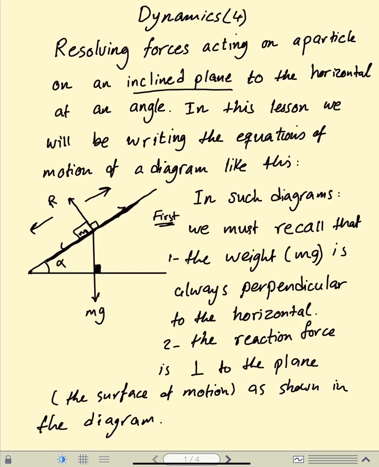This is the language we'll be using in this diagram. So this is the first point I have to focus on with you. Weight is always perpendicular to the horizontal. Reaction is always making 90 degrees to the surface of motion, to the direction of motion.